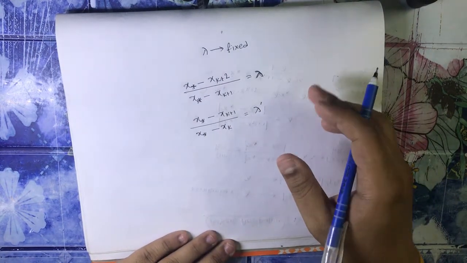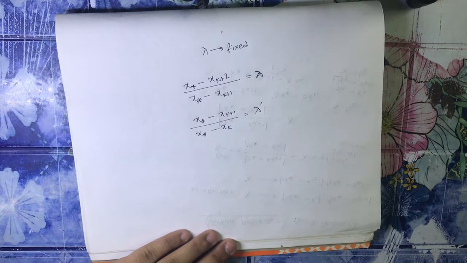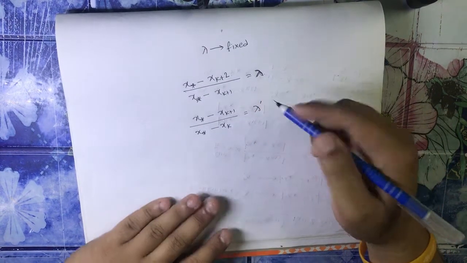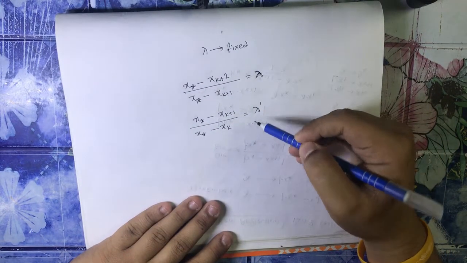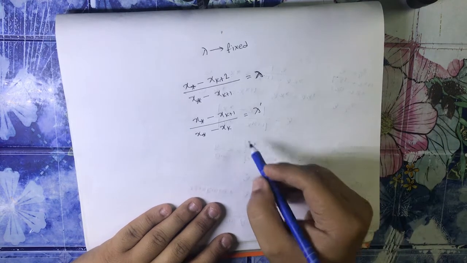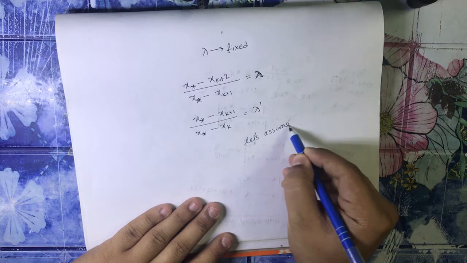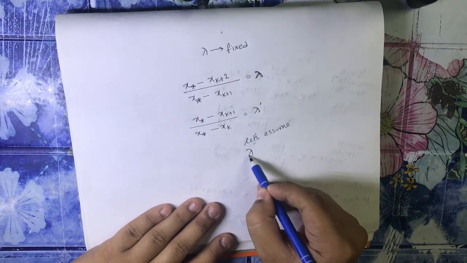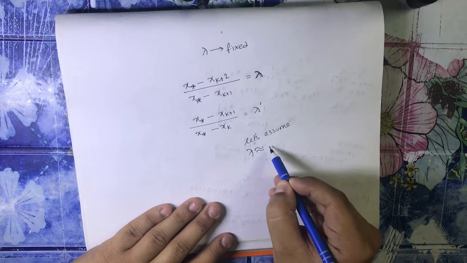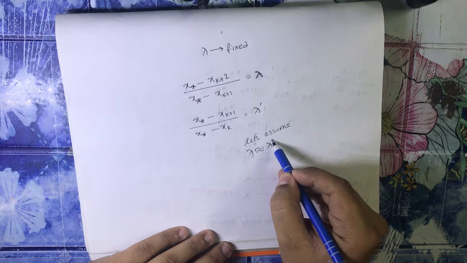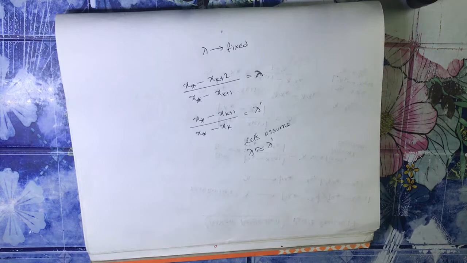If it is a linear convergence, they will be very close. If it's a linear convergence, the value of lambda and lambda prime will be very close. So let's assume that my value of lambda is equal to lambda prime.